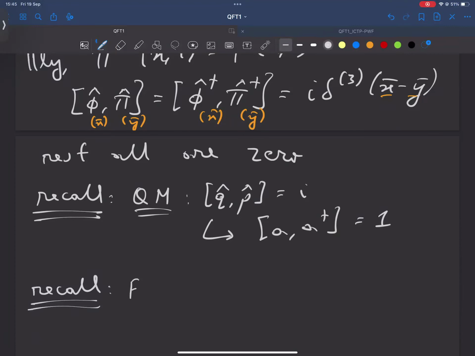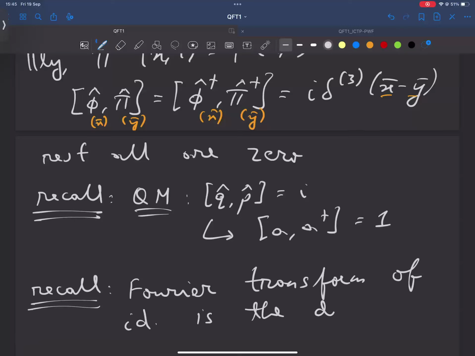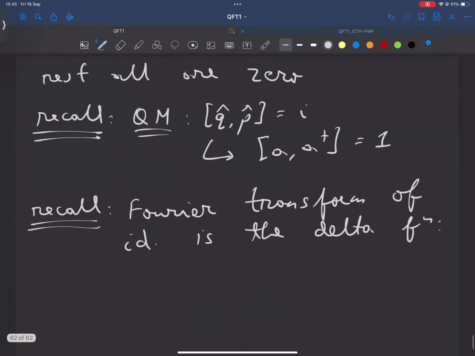Recall that the Fourier transform of just identity is the delta function. Again, this is something you can show. So what do I mean by that?